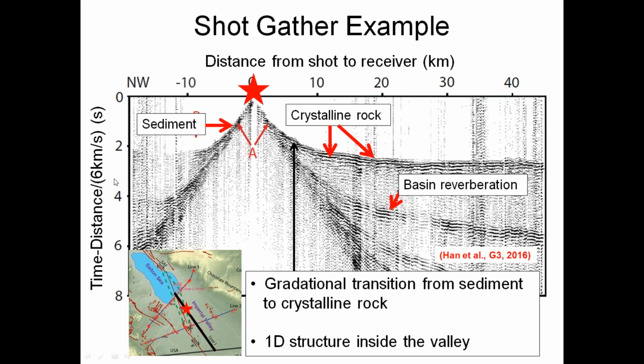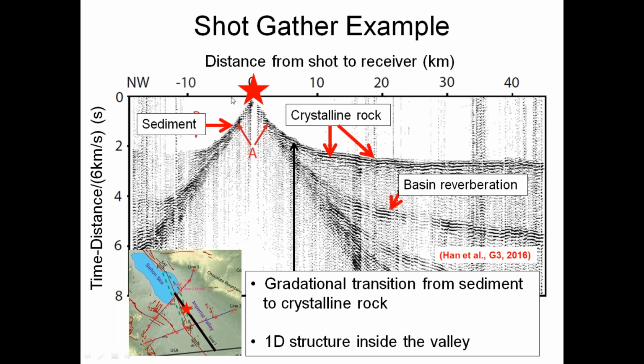The vertical axis is the time for the seismic signal to travel from the shot point to individual receivers, and the inverse of the slope shows apparent velocity. The vertical axis is reduced by 6 km per second, so any apparent velocity of 6 km per second is flat on the data.